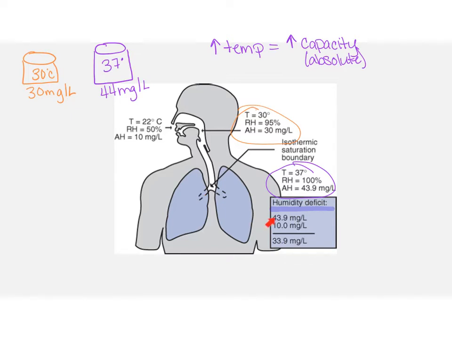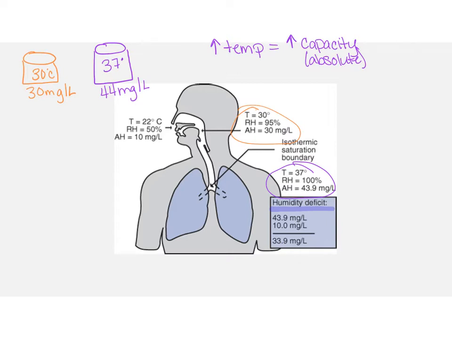So you just take the absolute humidity and subtract it from the starting humidity, and that's the deficit. So the body has to make up 34 milligrams per liter of absolute humidity. That's the deficit that the body has to overcome in order to adequately humidify and heat the gas.